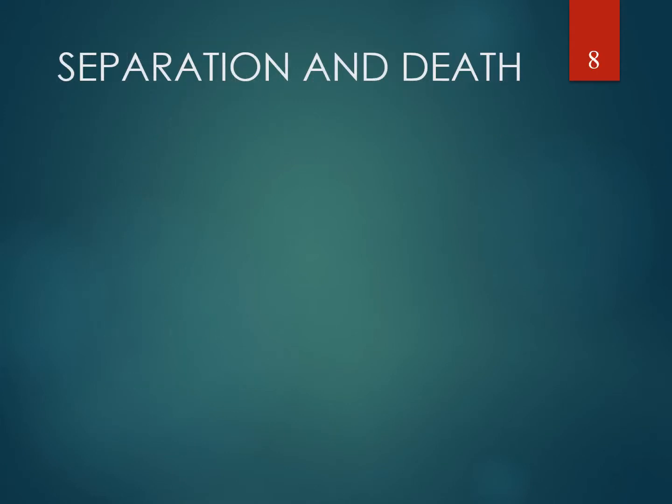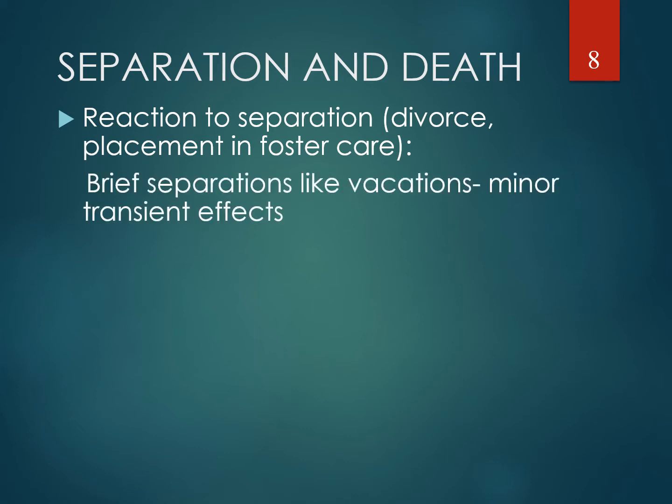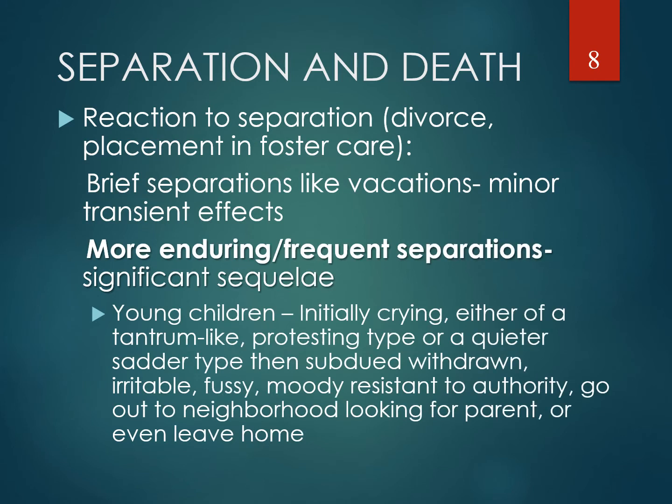The third would be separation and death. It's noteworthy to understand the reaction of children to separation, like divorce or even placement in foster care. Brief separations, like vacations, will have minor transient effects. The more enduring ones are those with frequent separations, and they can manifest with significant sequelae.